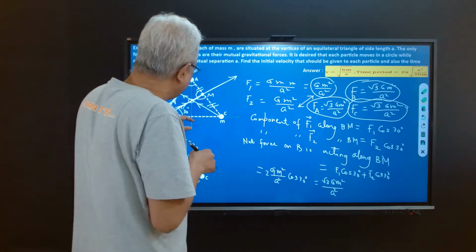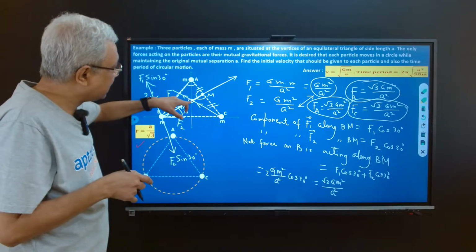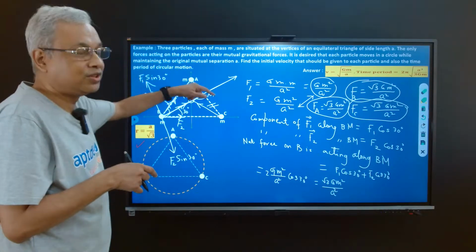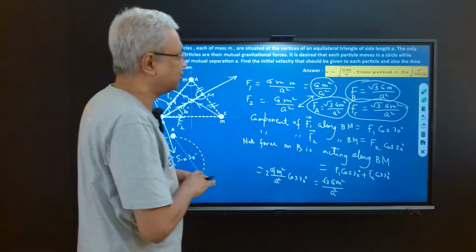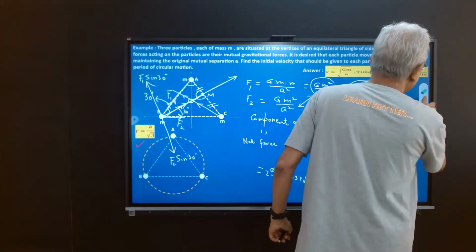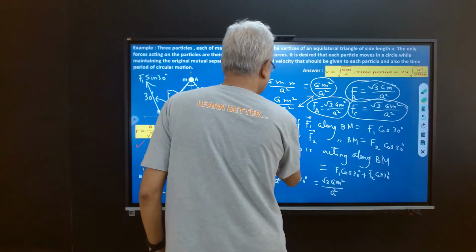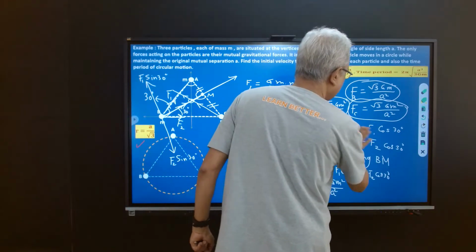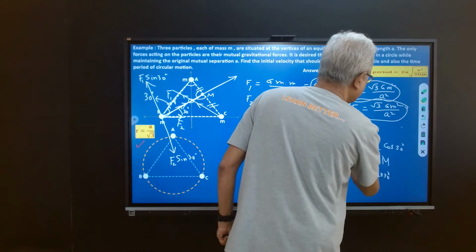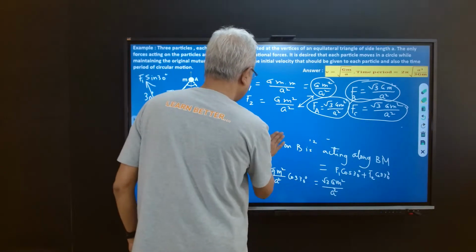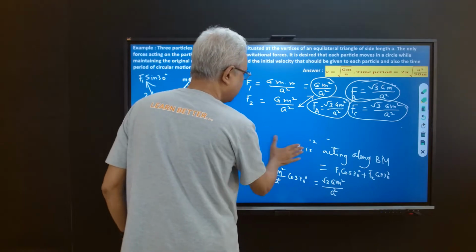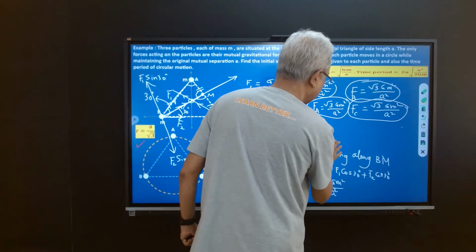That means towards the center of the circumcircle of this triangle ABC. So let me remove all these things. We have calculated the force, and it is equal. So we are slowly approaching the situation of ideal circular motion.